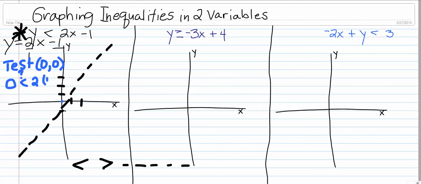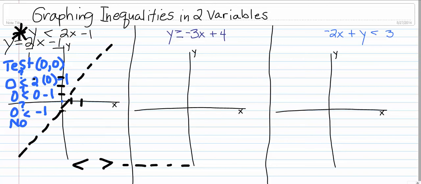Well, let's see. 2 times 0 is 0. 0 minus 1 is -1. Is 0 less than -1? Is 0 a smaller number than -1? No, it is not. So because 0, 0 is on this side of the inequality where I did my writing, 0, 0 doesn't work. I don't want to shade 0, 0.